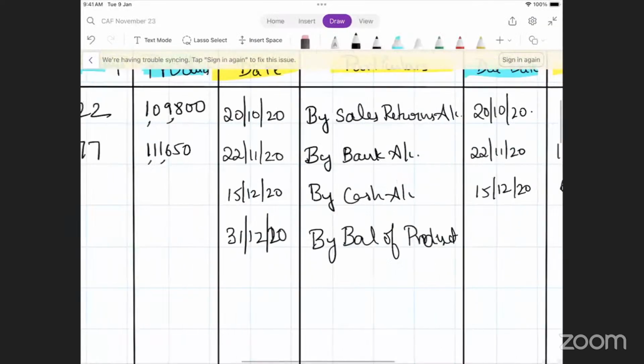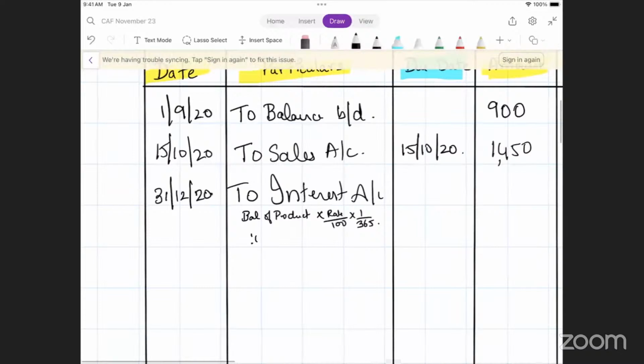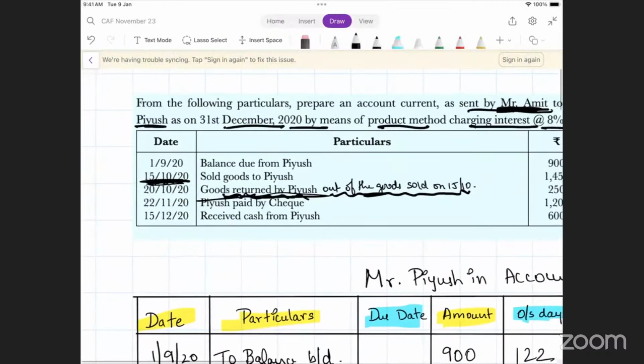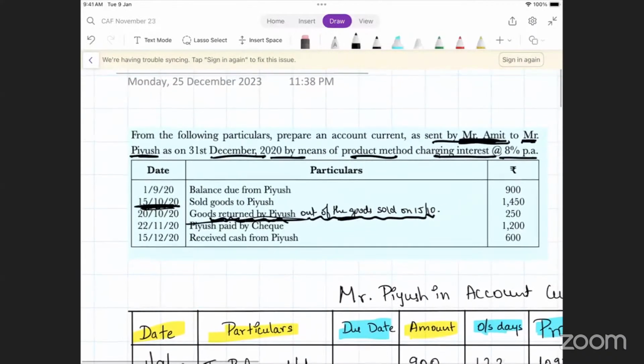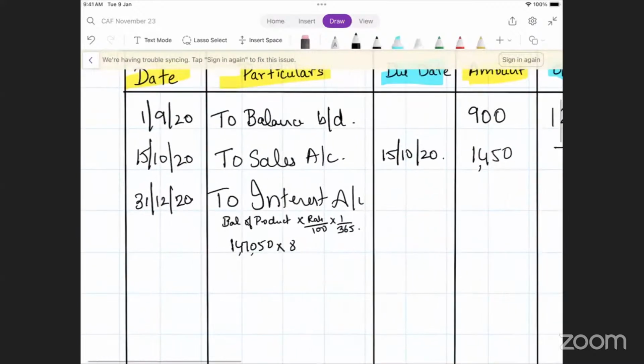So what was the balance of product? It was 147,050, into the rate of interest given in the question, 8%, into 1 divided by 365.